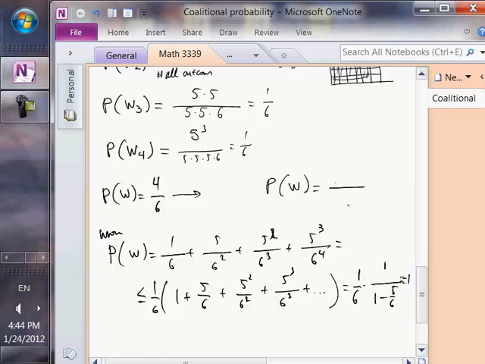If we continue a 5th time, what would be again? It would be again another 1/6. So what happens? If you keep playing, eventually you will win, but the probability can never exceed 1.